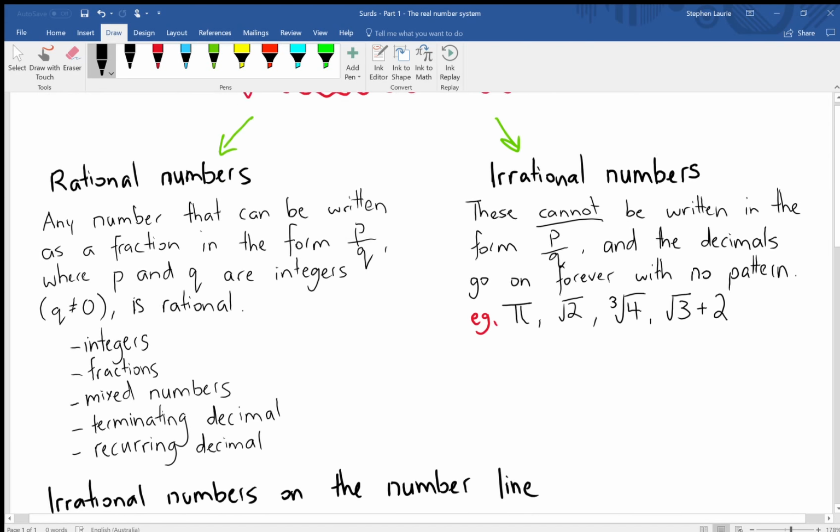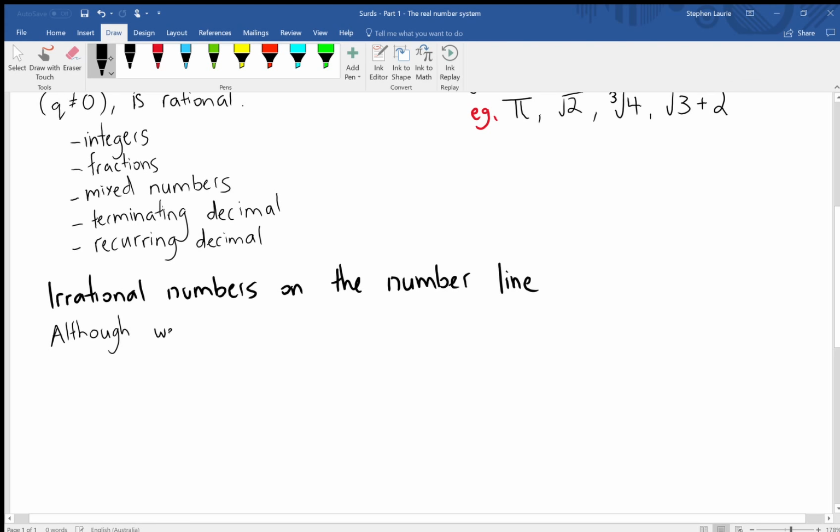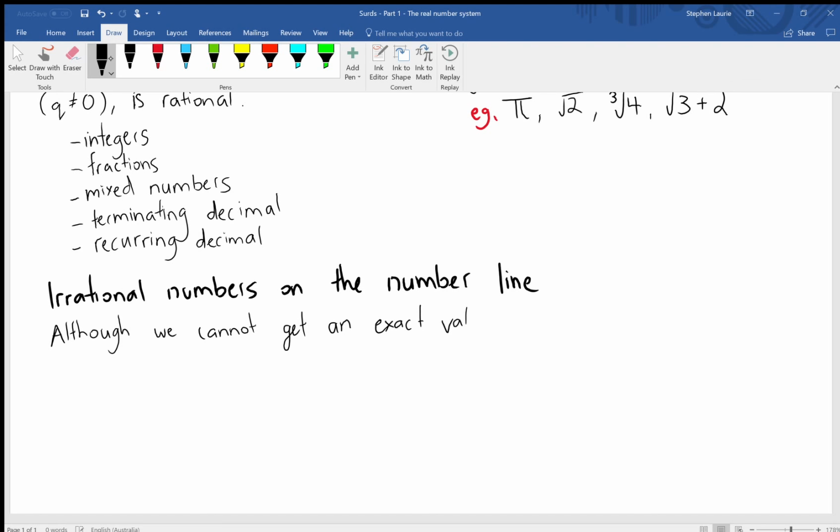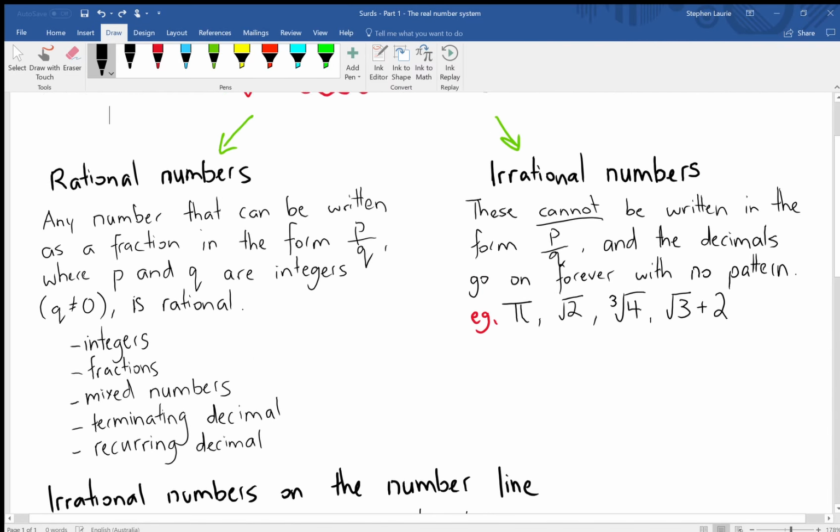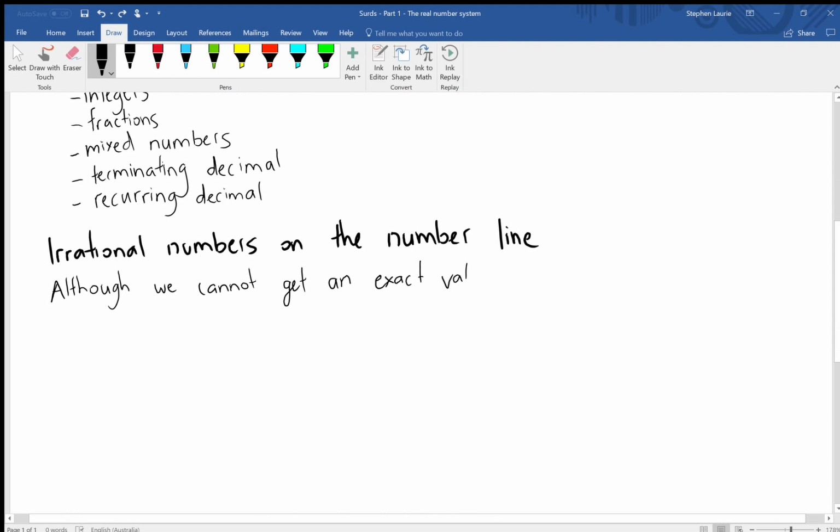So let's write that down. Although we cannot get an exact decimal value, because we can actually get an exact value, like pi is an exact value, but we can't get an exact decimal value.